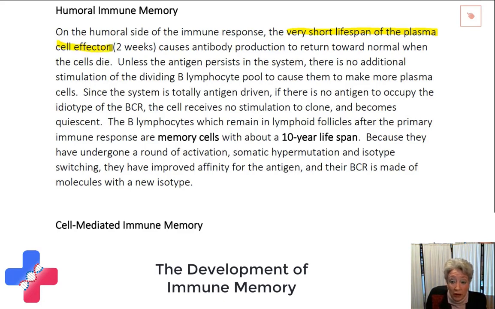They spend all of that time being factories for antibody, pumping out antibodies as hard and as fast as they can, and at the end of that time they die. So unless I make more plasma cells from the dividing pool of B lymphocytes, that immune response will wane, or at least the production of that antibody will wane.